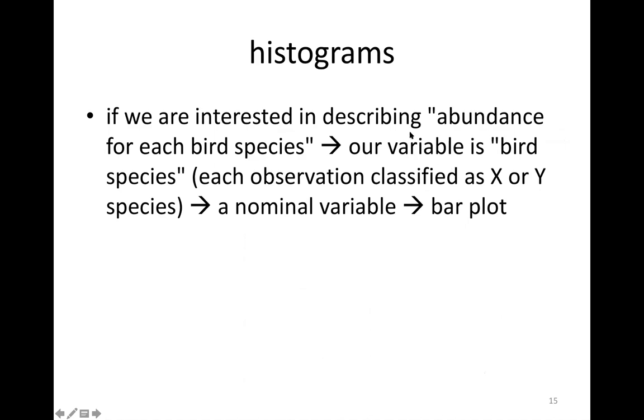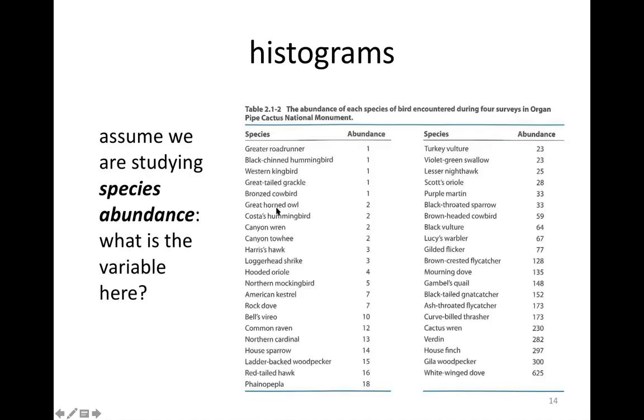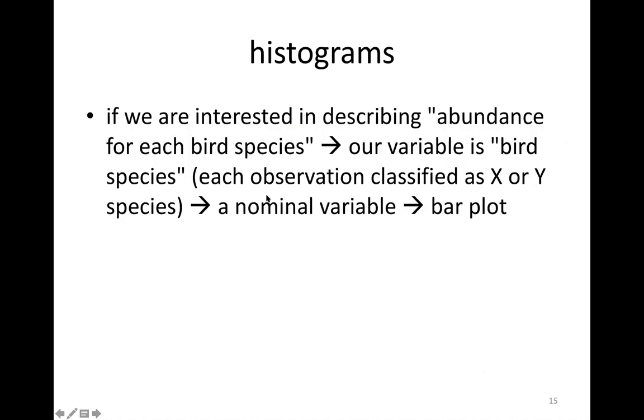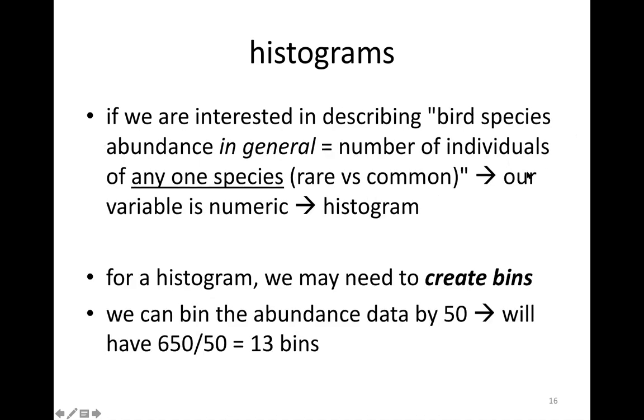So coming back to my question, what variable are we dealing with here? If we were interested in bird species itself, then our variable would be bird species and its frequency, and we would have a bar plot.